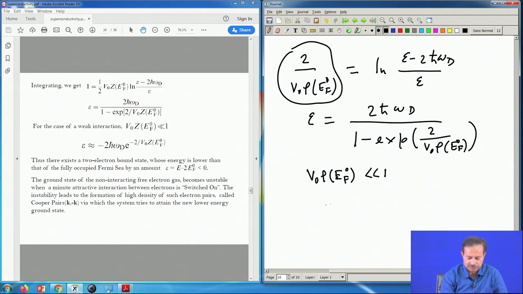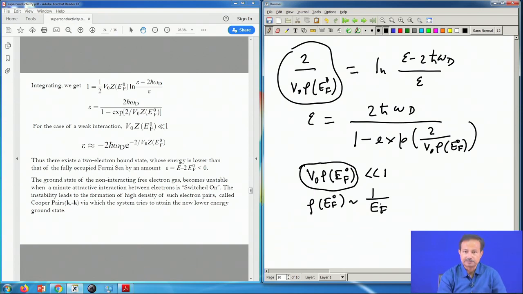Because rho of E_F is usually of order 1 by E_F, and V0 is a very tiny interaction generated by that detailed process we have discussed. So V0 divided by E_F is the scale of this object, and it has to be very small, E_F being say 10,000 or 20,000 degrees Kelvin or 1 or 2 eV, and V0 being of milli electron volt order. So, there is no comparison.